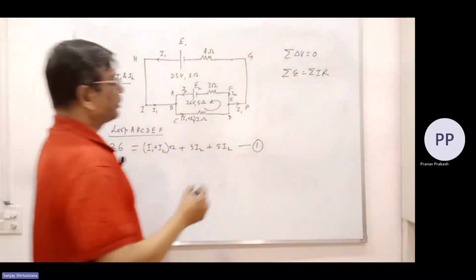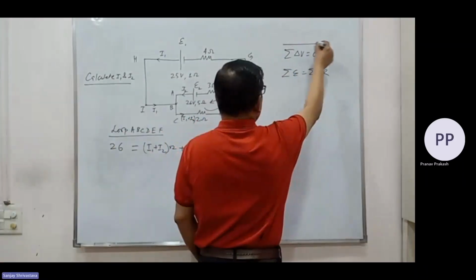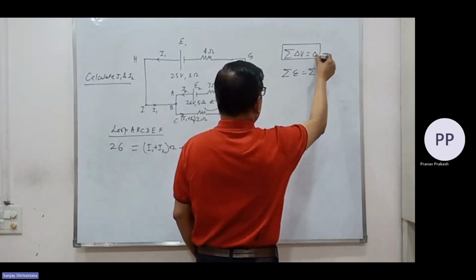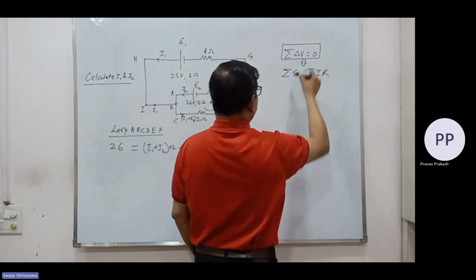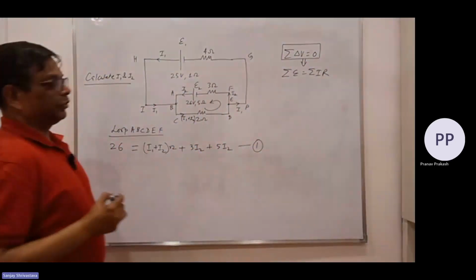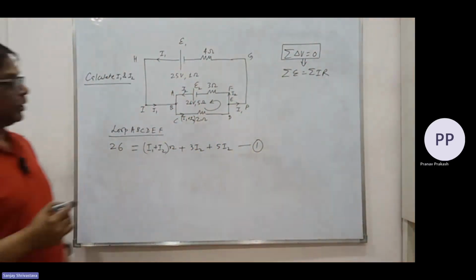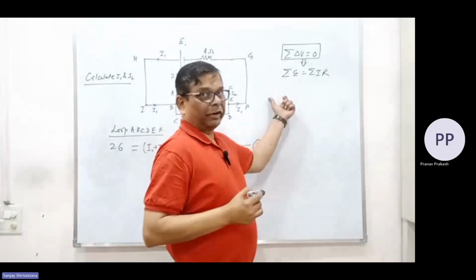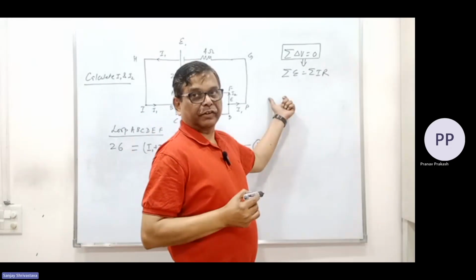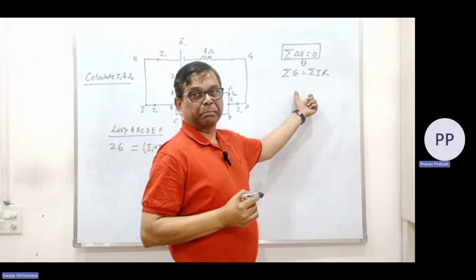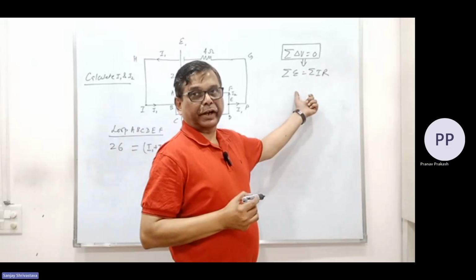This was the starting point. That means on one side, we will take all the EMFs of the battery, and on the other side we will take the product of current and resistance.